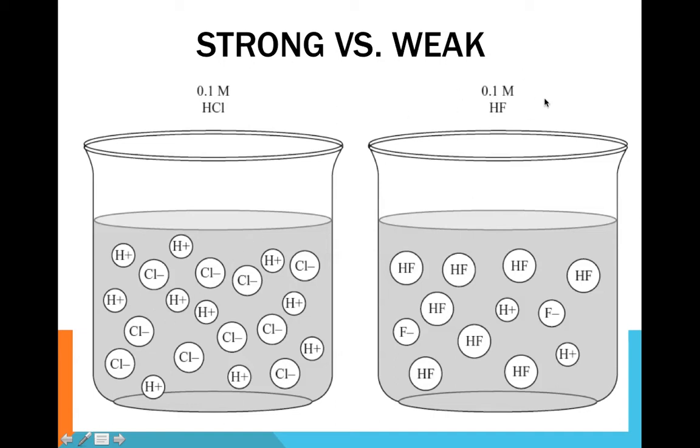But if you look on the HF side, hydrofluoric acid, some of them are still HF, while some of them split off into H+ and F-. So this is a strong acid because all of them are completely ionized, so it's going to conduct electricity very well. Whereas on this side, you still have HF together, partially ionized, and so it will not conduct electricity very well. So this is a strong acid, and this is a weak acid.